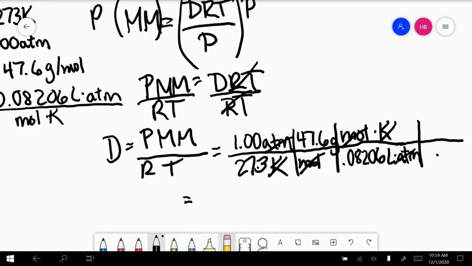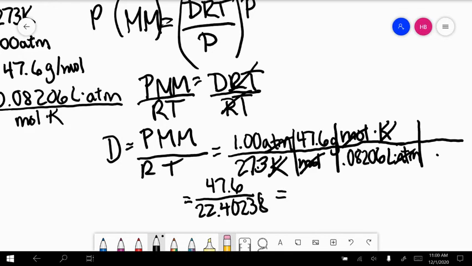Now, let's not make a careless mistake, because you can't type into your calculator 47.6 divided by 273 times 0.08206. You have to use parentheses on the bottom. If you have a simplistic calculator and you're not sure, you could also multiply across the bottom first, then retype and divide.